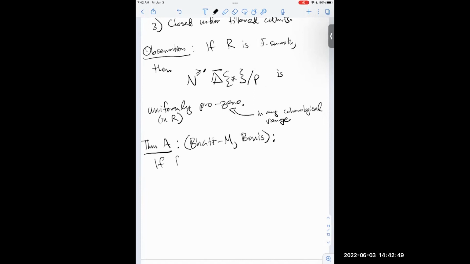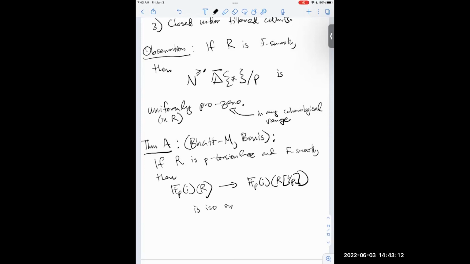If R is p-torsion free and F smooth, then the map from the syntomic complex of R, let's say with mod p coefficients, to the syntomic complex of R adjoin 1 over p is an isomorphism on H^j for j less than i, and it's injective on H^i. It's injective in this cohomological degree.